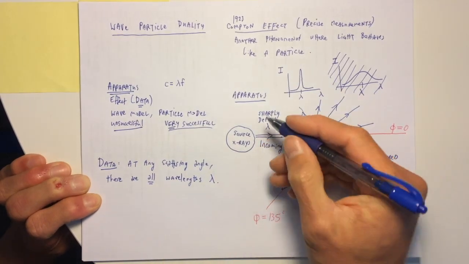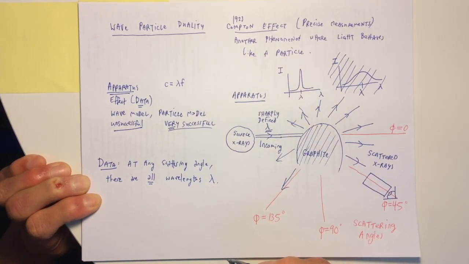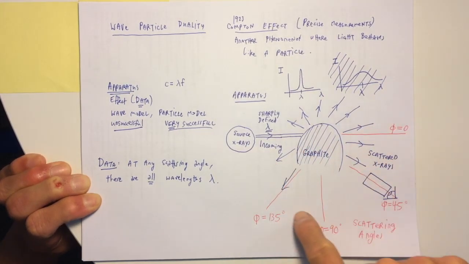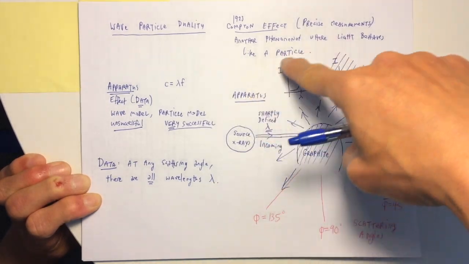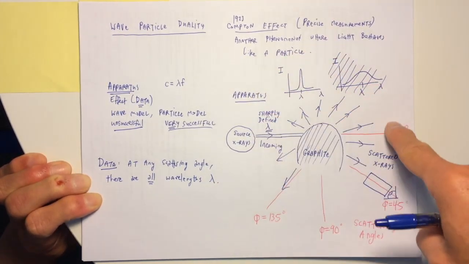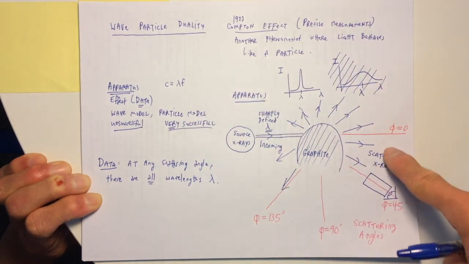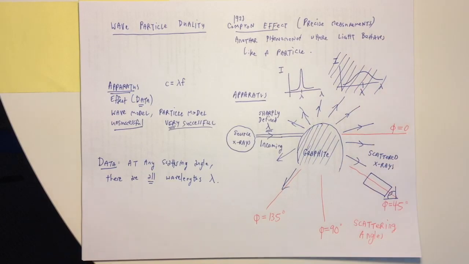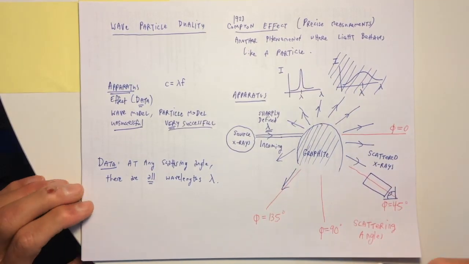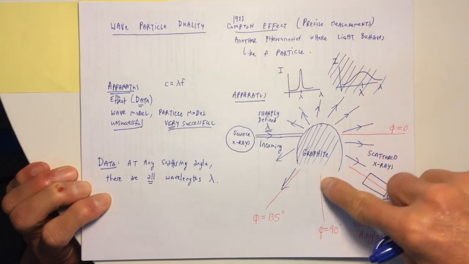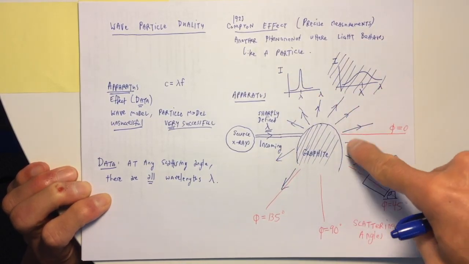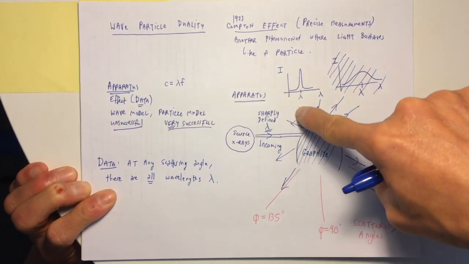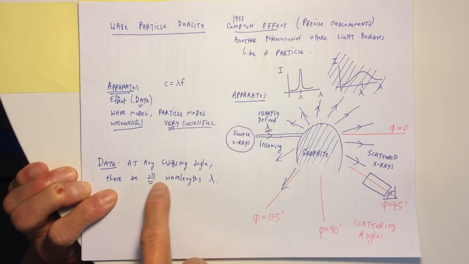That is, you might have a very sharply defined lambda coming in, but what comes out at any of these angles from 0 to 180 degrees, and also the symmetric other side, you expect to see the same data on this side as you do on this side, and really it's got a rotational symmetry, like a cylinder symmetry about this central axis. But anyways, if you look off in all of these other scattering directions and you look at the light that comes after passing through the graphite, what you notice is actually this is full of all the wavelengths.